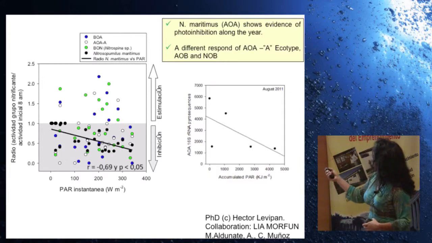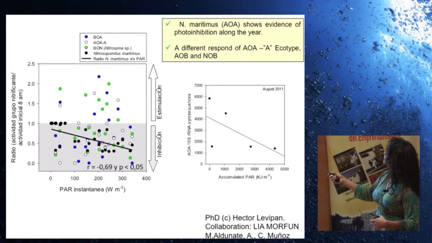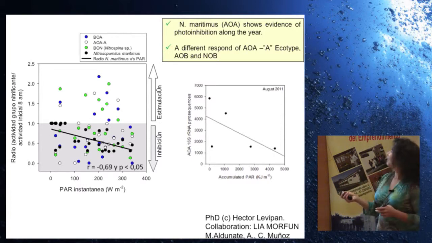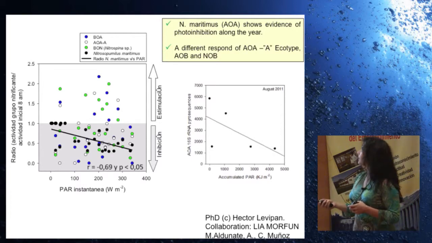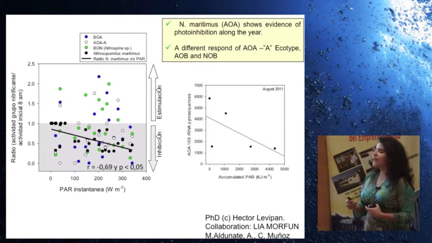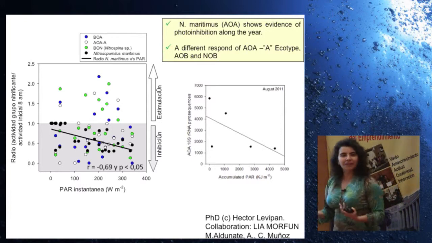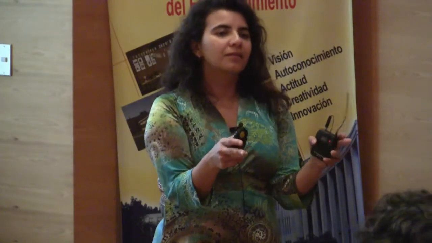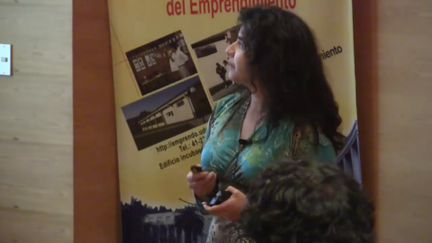And we see the same, for example for August, and also in February, which is our other sampling; we saw exactly the same. So then we can support what has been seen from the isolates, but now in the natural environment. We can see that there is an inhibition, at least for Nitrosopumilus maritimus.